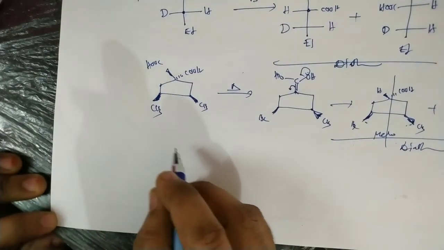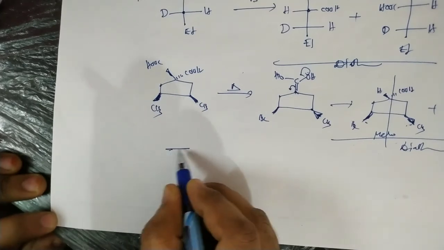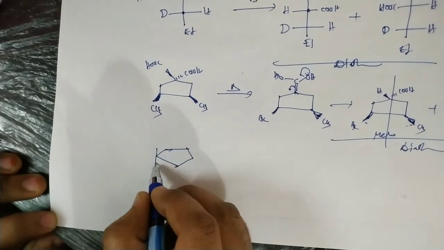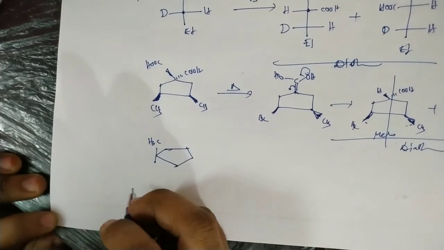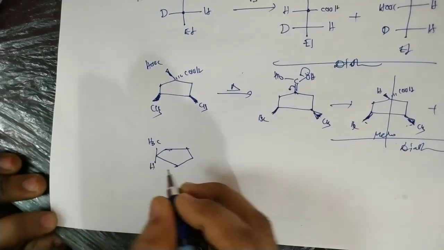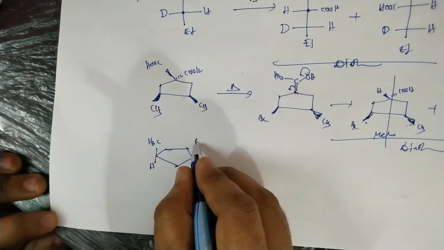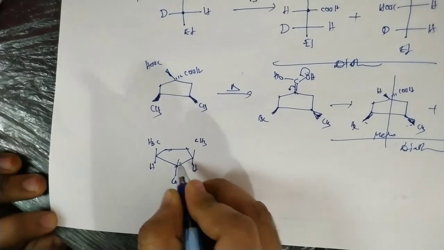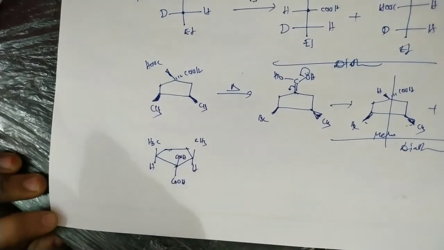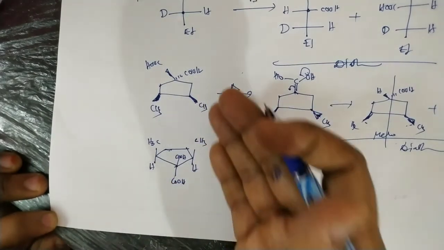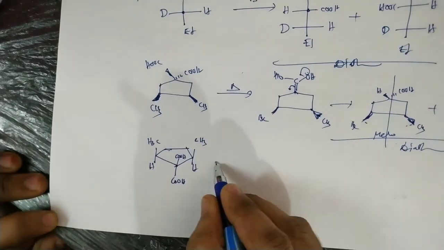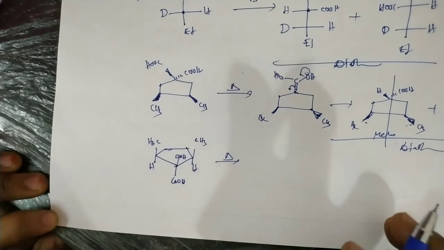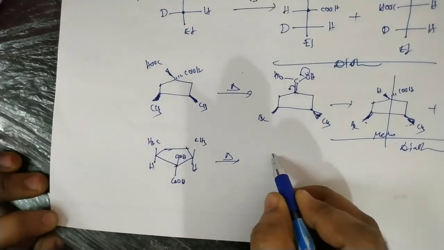One more example. Suppose here this one CH3 and hydrogen, here CH3 hydrogen, this is COOH and COOH. That means in this case these two are almost the same. So this one on heating, we'll again get the same meso type of compound.